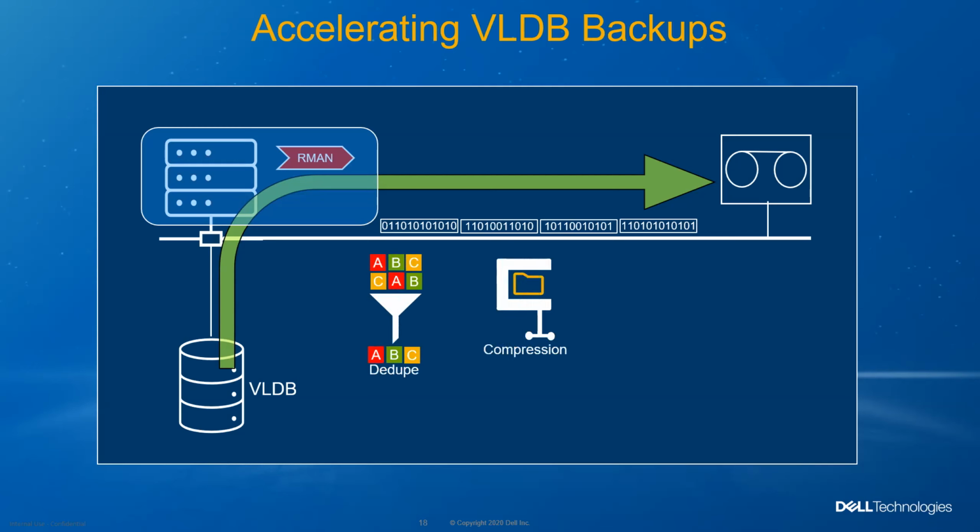Now, what we're talking about here is not deduplication of the source data, but effectively what we try and do is see if that particular block that needs to be backed up already exists in the target backup appliance. And if it already exists, then we don't transmit it across the network. And if it doesn't exist, then we compress it and transmit it. So you get a double benefit there.